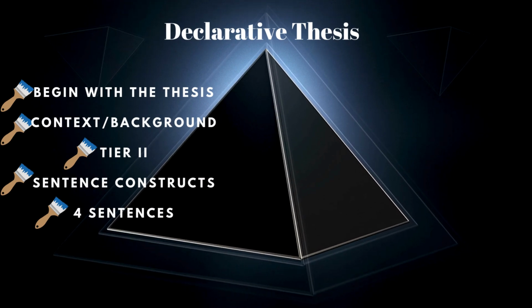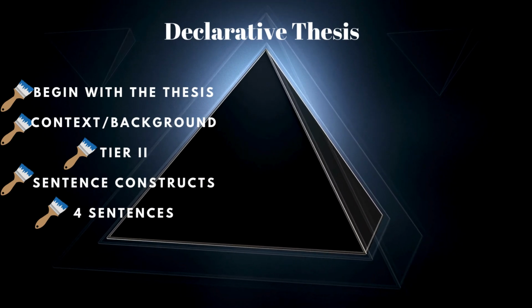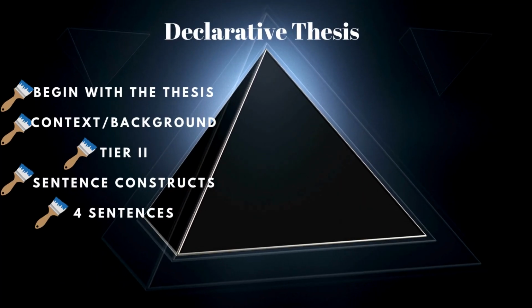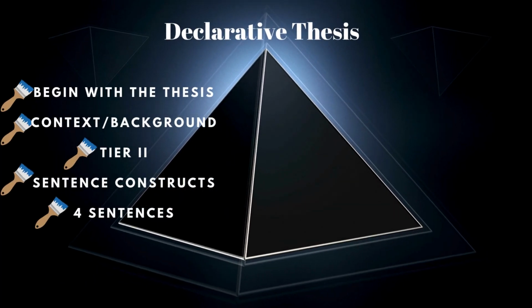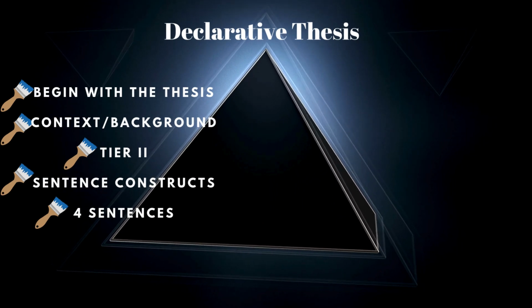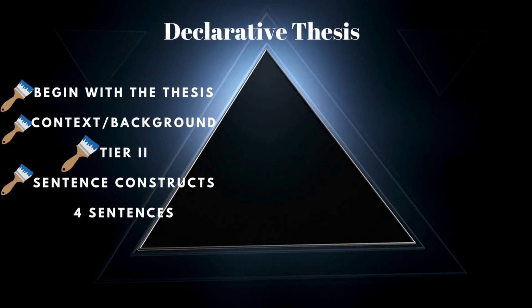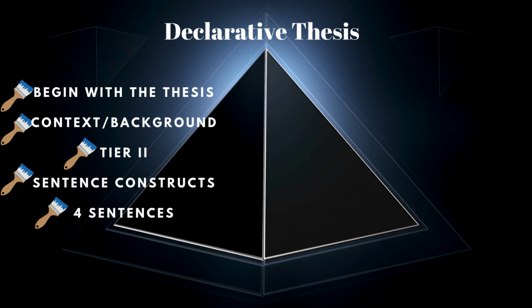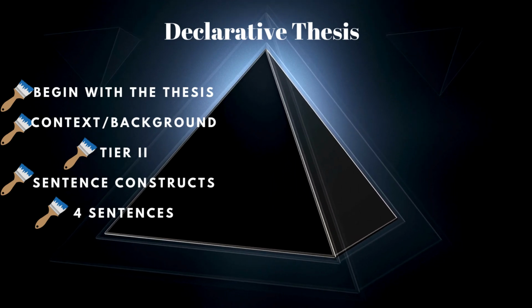Let me break down what the declarative looks like. You begin with the thesis. For my struggling emerging students, this works best because in the first sentence, they just enunciate and declare who is the GOAT. They could say something like, hands down, unequivocally, Michael Jordan is the GOAT. And that's it. That's all they have to say. It's as simple as that.